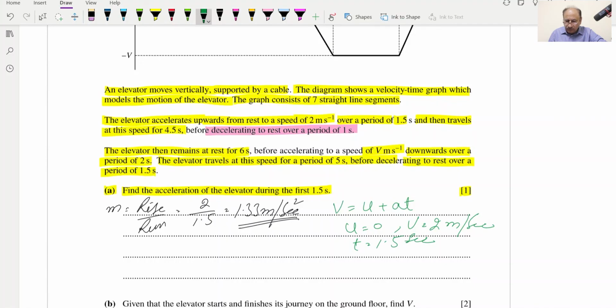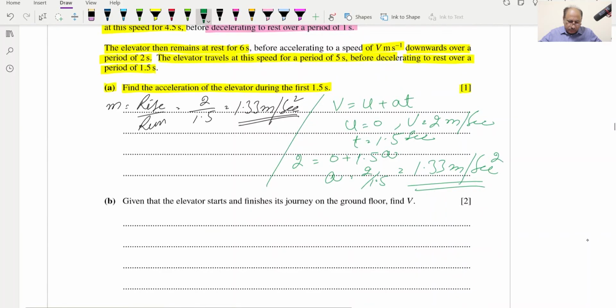If we replace this data in the equation, we will get 2 is equal to 0 plus 1.5a. So a will be equal to 2 over 1.5, and we will get 1.33 meters per second square. So you can use either of these two routes and you will get the same answer.